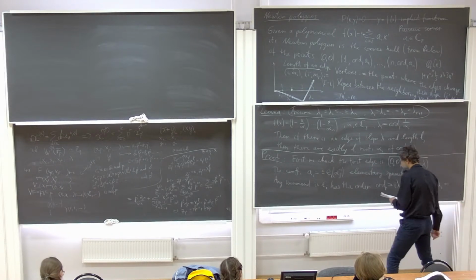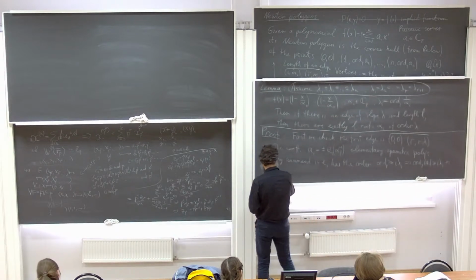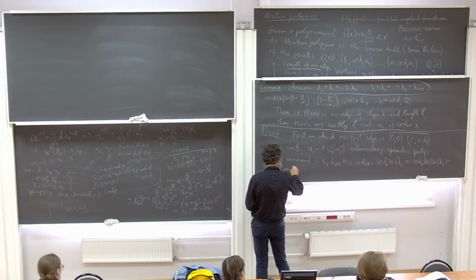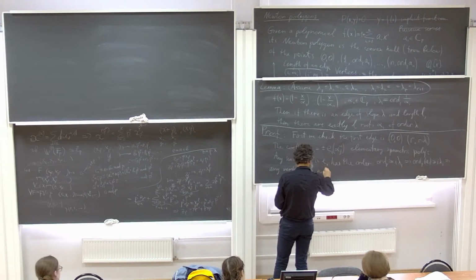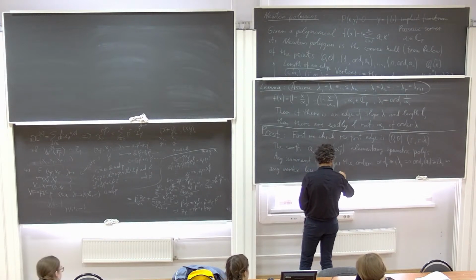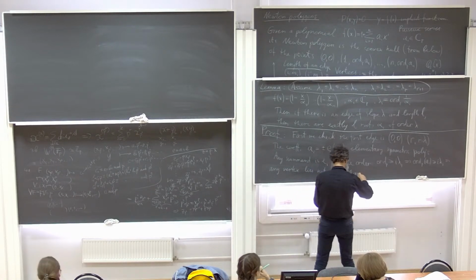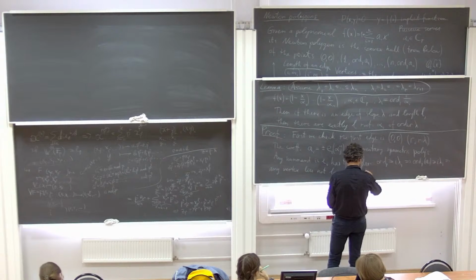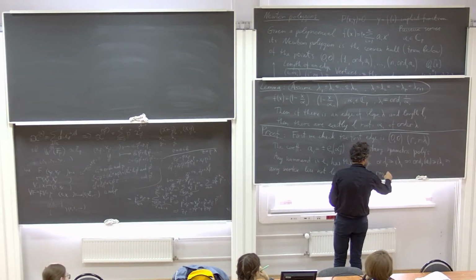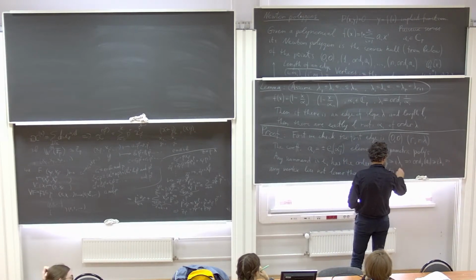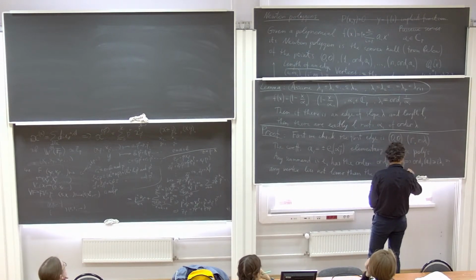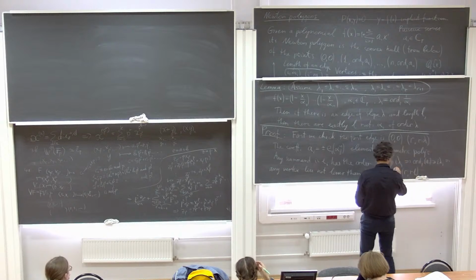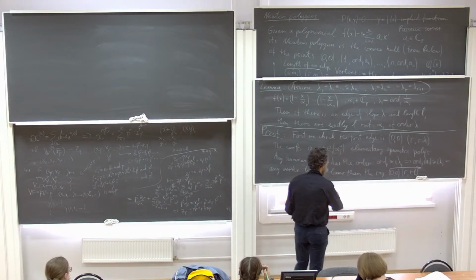And hence, it implies that any vertex of the Newton polygon lies not lower than this line, or the ray, so to say, from the origin to this point.